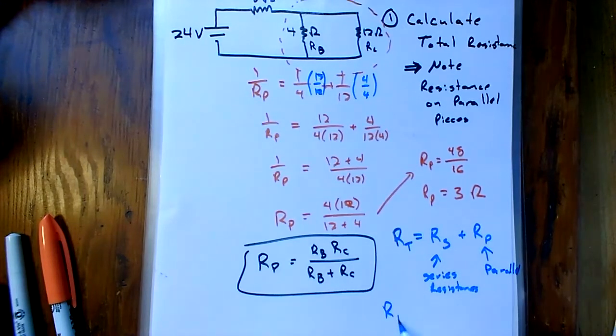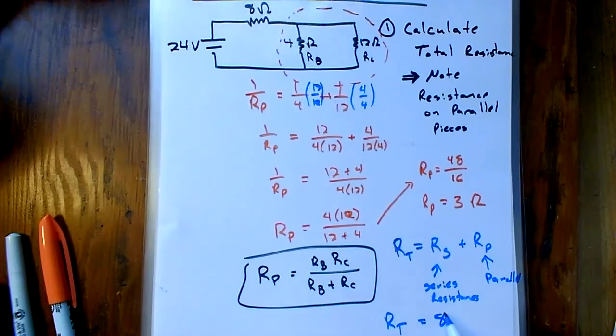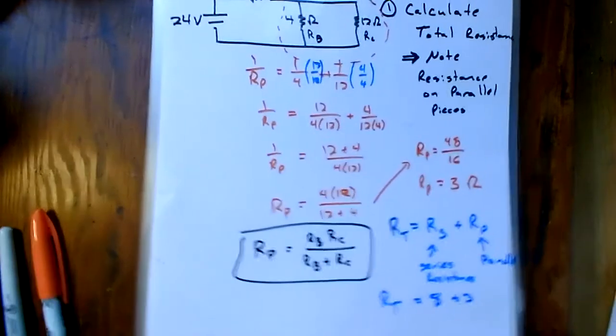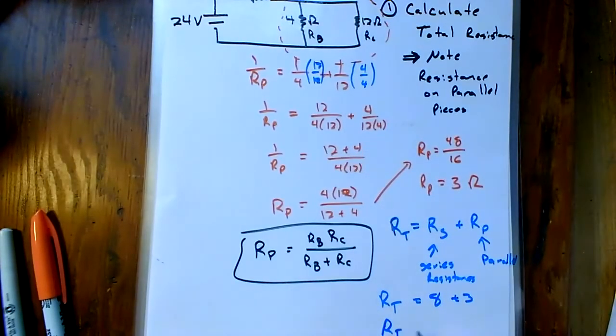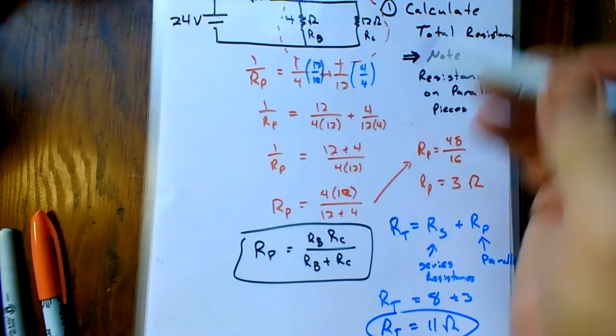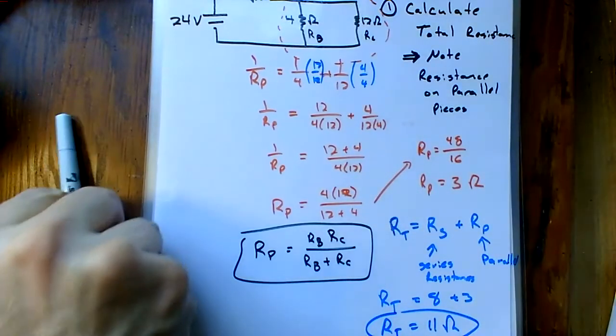In this case, my total resistance is 8 ohms plus 3 ohms, so I've got a grand total of 11 ohms. So that's the first part, calculate our total resistance.